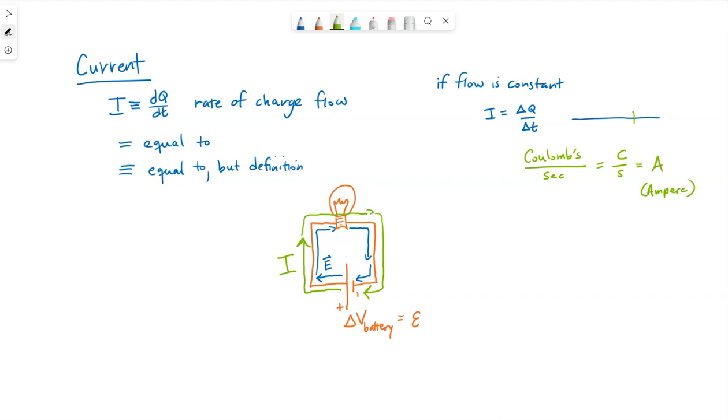Realistically, microscopically, it's electrons, the negative charges, that are flowing the opposite direction. But mathematically and functionally, it doesn't matter whether we talk about electrons flowing from low potential to high or positive charges as if they flowed from high to low. So we will use this typical definition of current.